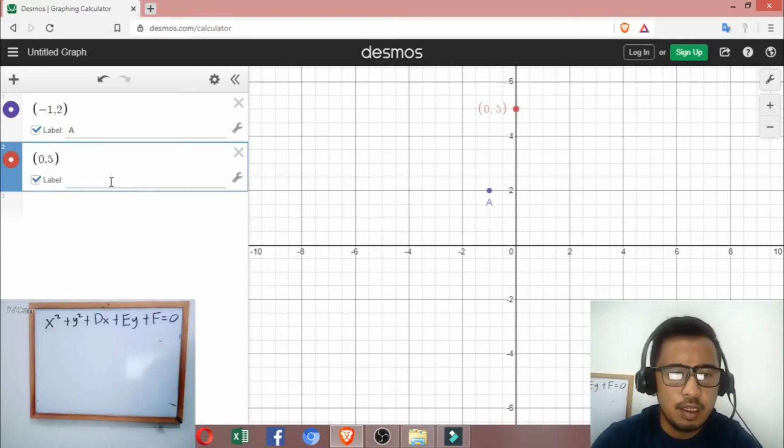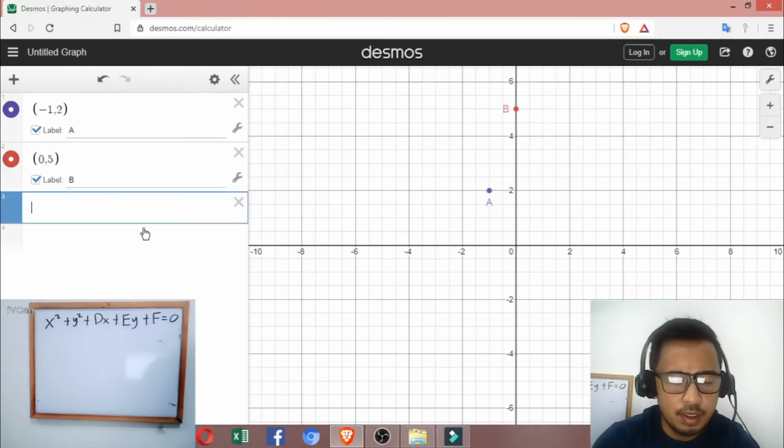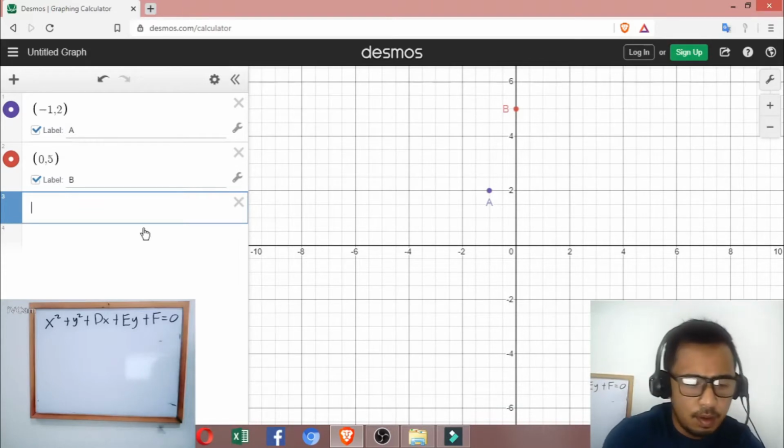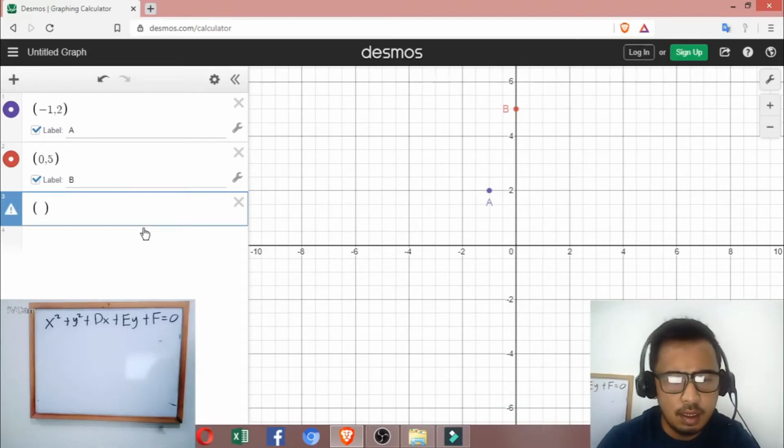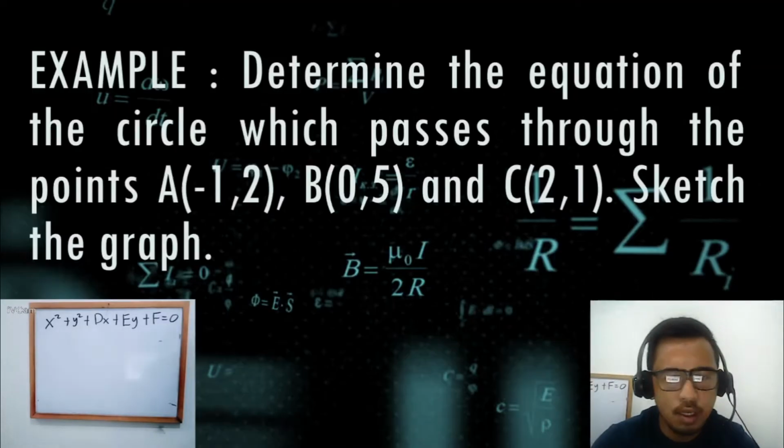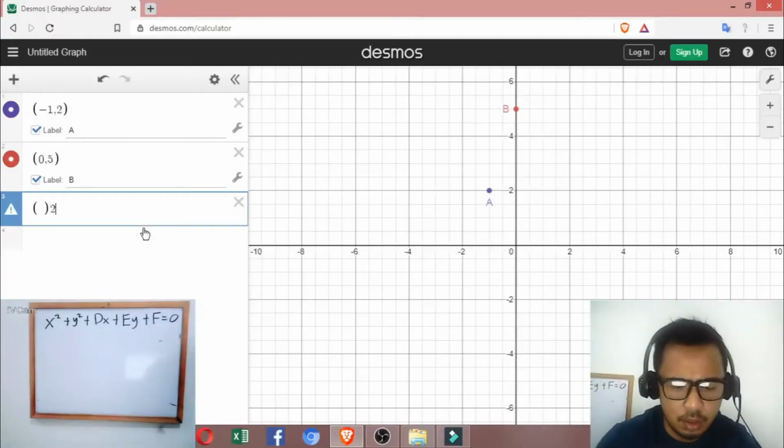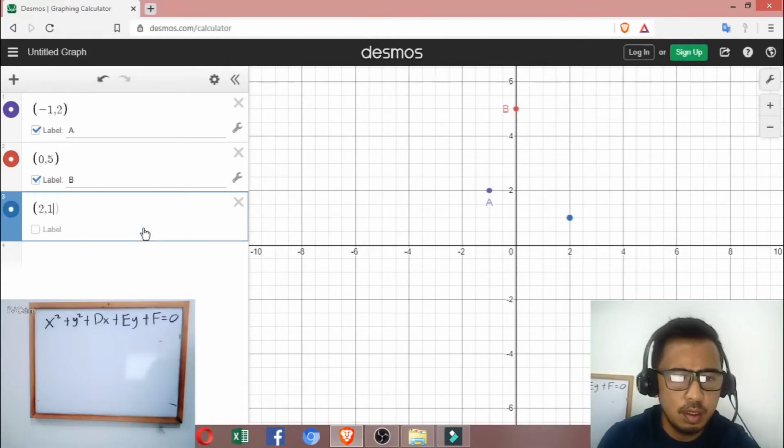We will label that as point B. We also have the point C, wherein that is the point (2, 1). We will label that as the point C.